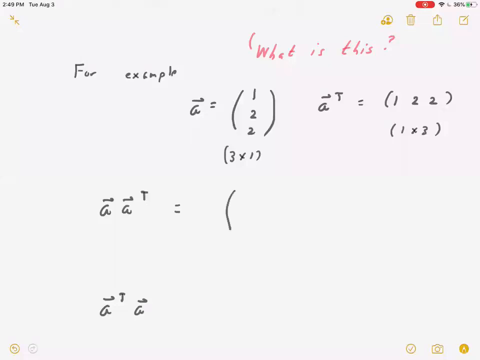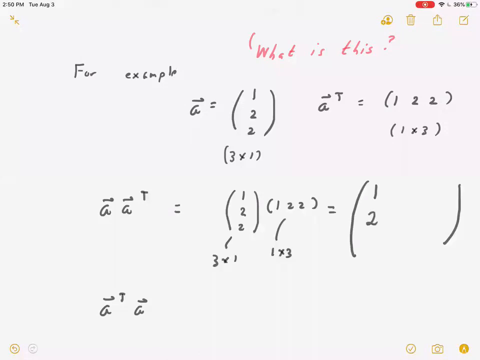A is this. The transpose of A is this. This is a 3×1 matrix. This is a 1×3 matrix. So my answer is going to be a matrix. The 1×1 matrix element is going to be 1 times 1. The 2×1 matrix element is going to be 2 times 1.